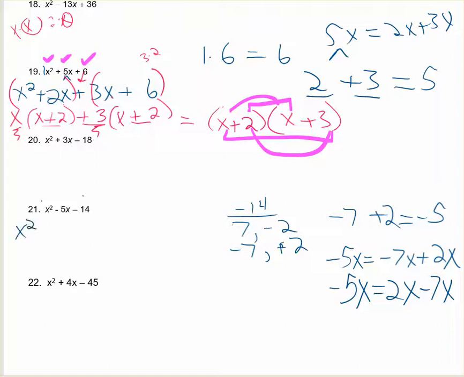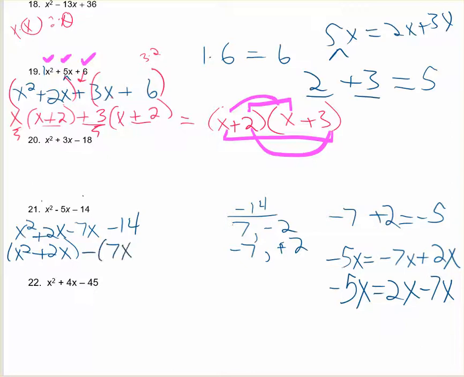X squared plus 2x minus 7x minus 14. So that's equivalent expression to what we started with. Now I'm going to put the parentheses. X squared plus 2x is no big deal to put those parentheses. But when you put the parentheses for the negative, you're factoring out a negative. I'm just going to do it. So there's the minus sign.